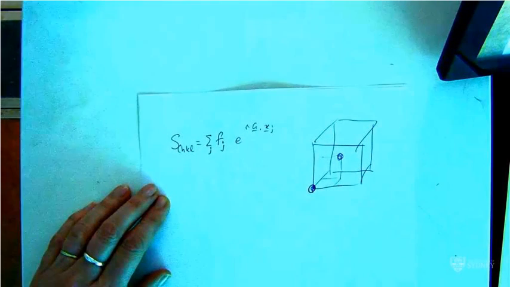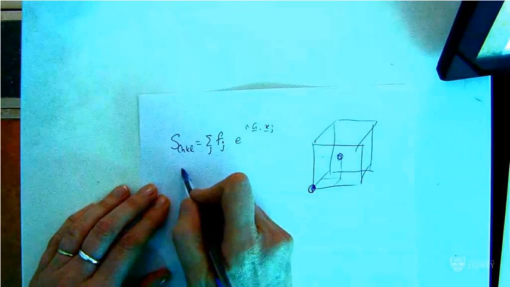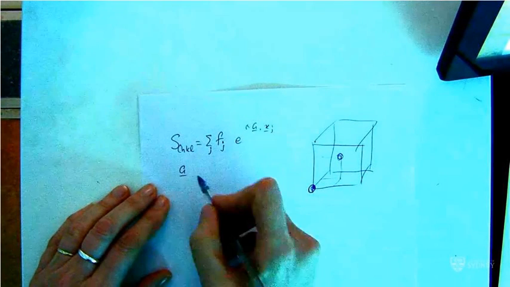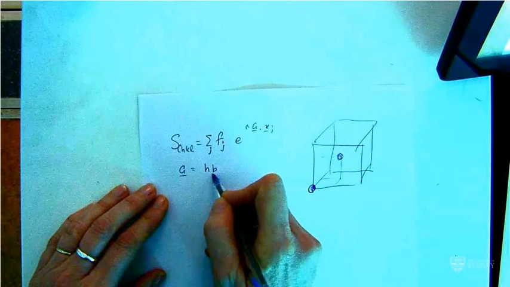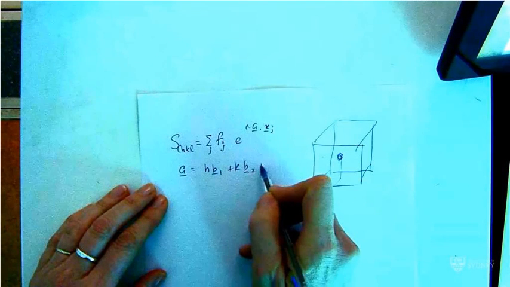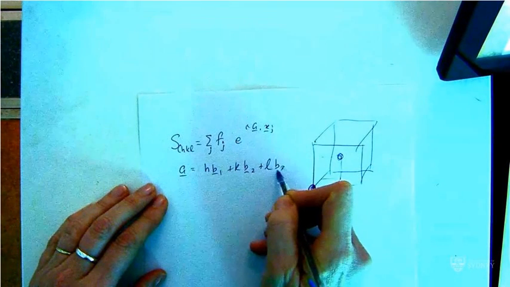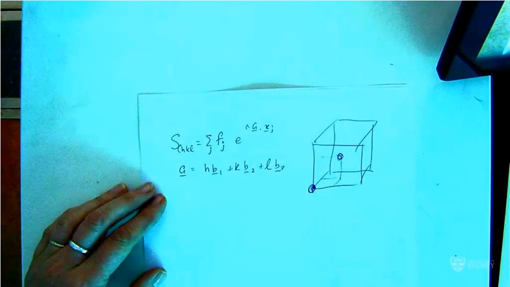So we know that our reciprocal lattice vector can be written as h b1 plus k b2 plus l b3. Remember, they're just integers. It doesn't matter whether you use m, n, o, h, k, l, whatever.